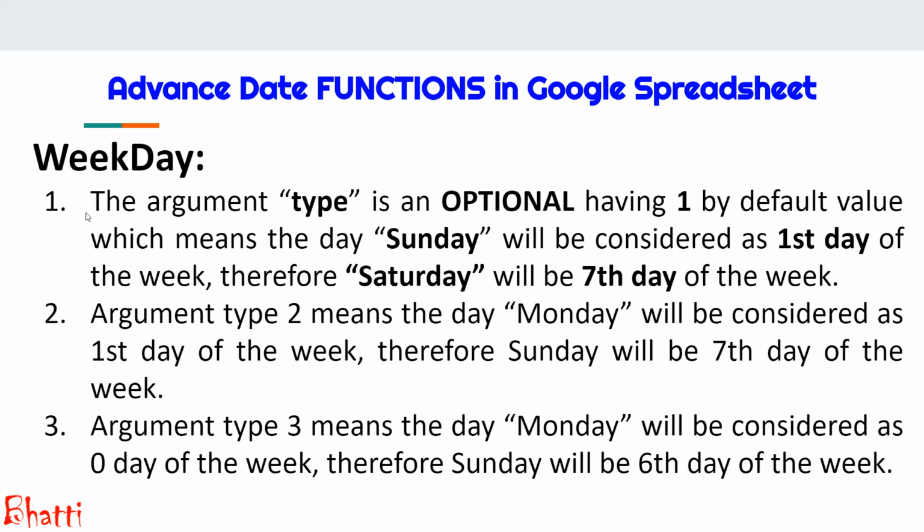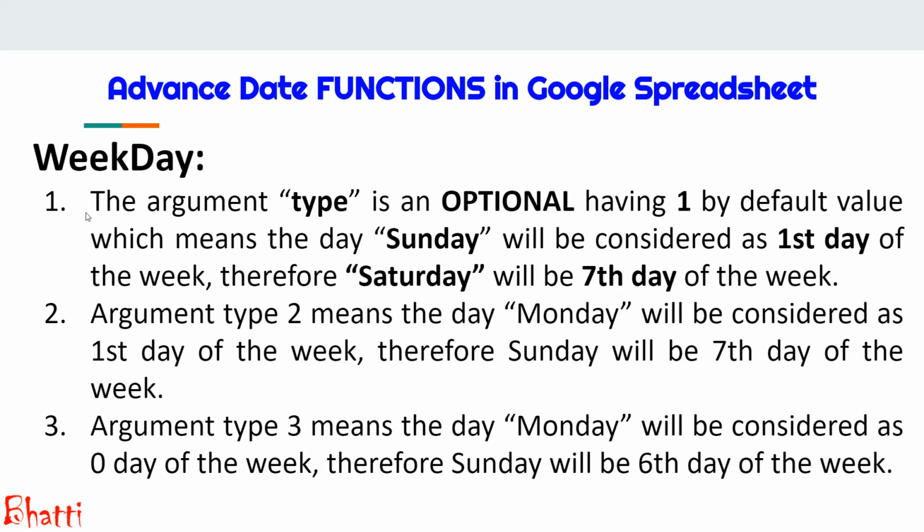1 is the default and it considers Sunday as the first day of the week, and Saturday is the last day, the 7th day of the week. If I keep 2 in the type argument, the system will consider Monday the first weekday, and definitely Sunday will be the last, and if the answer is Sunday, it will give me 7.